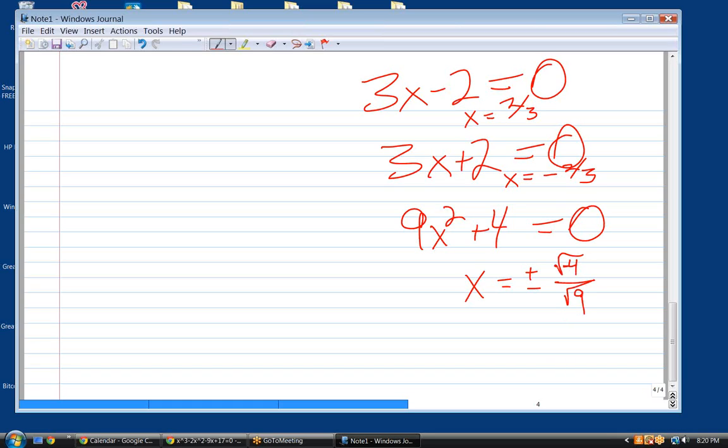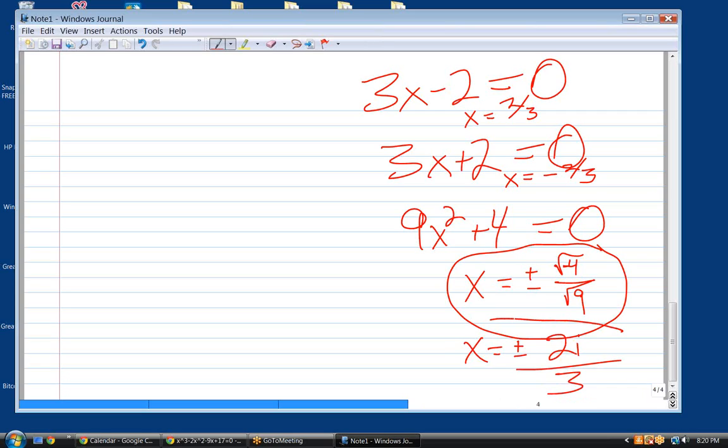Negative 4, like you said. And let's simplify that. First of all, what's the square root of negative 4? 2i. And the square root of 9? 3.